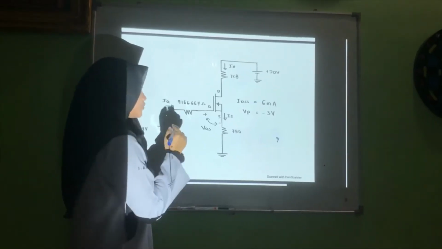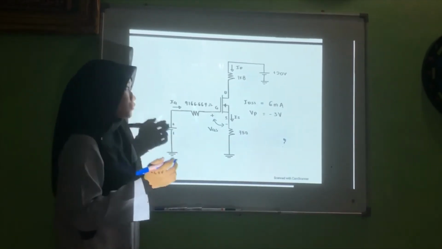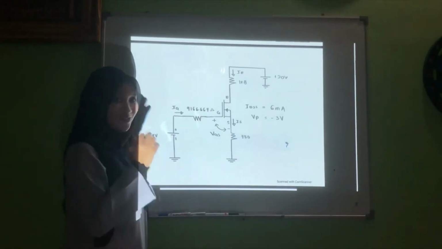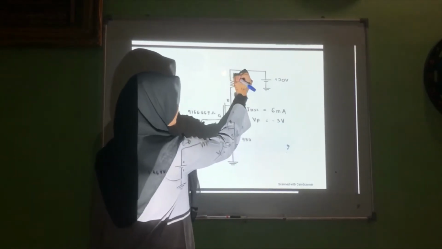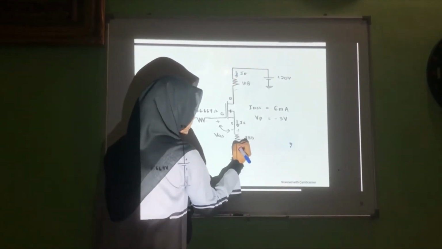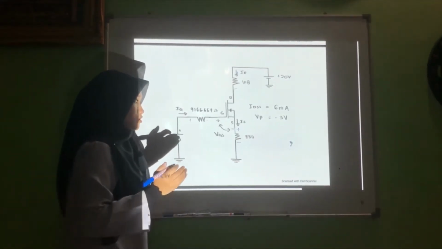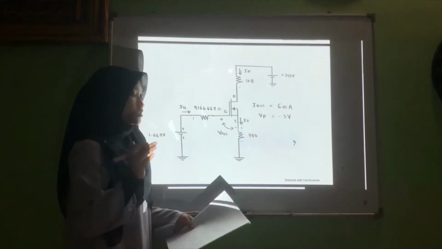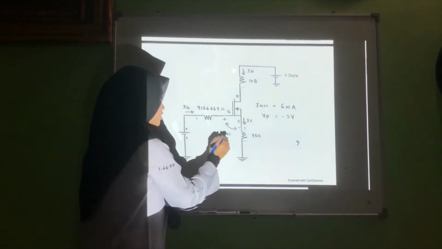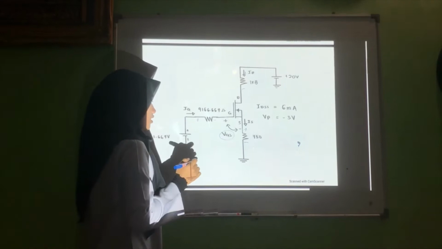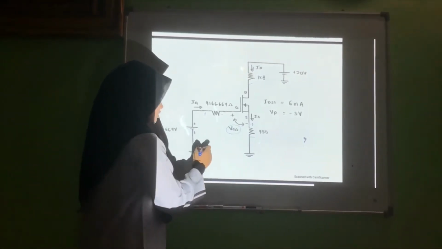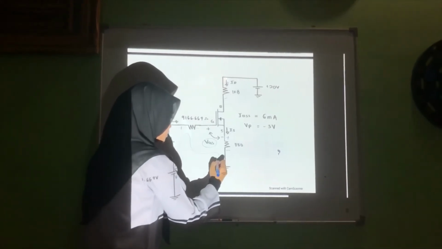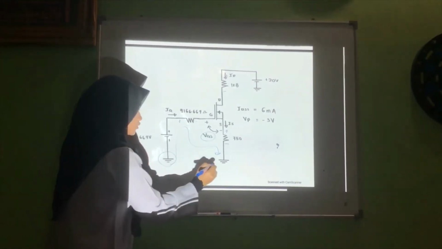After we know the current flow, we can determine the polarity. So this is positive, negative, positive, negative, positive, and negative. For the question, we need to find the value of VGS first. To find VGS, we can apply KVL in this loop, which is from ground to ground.